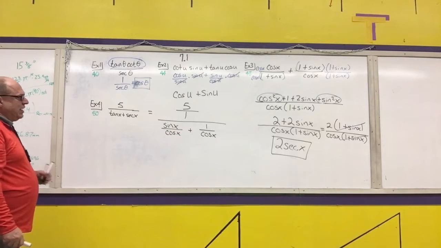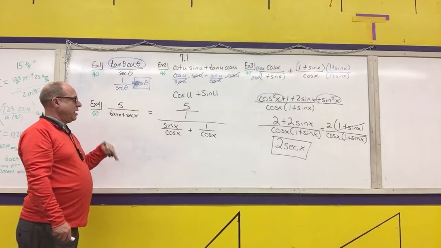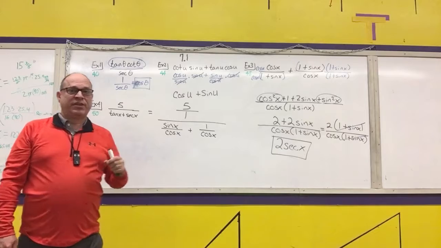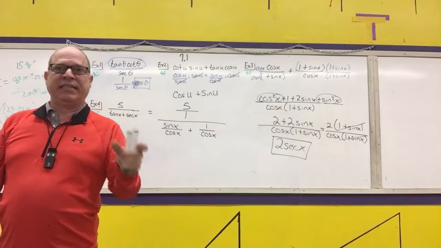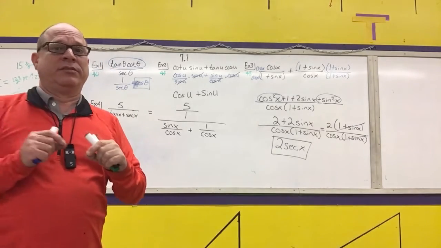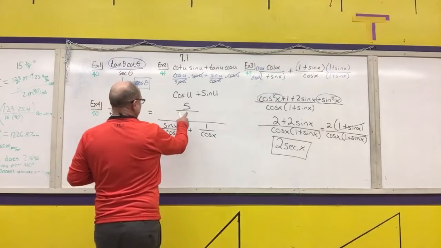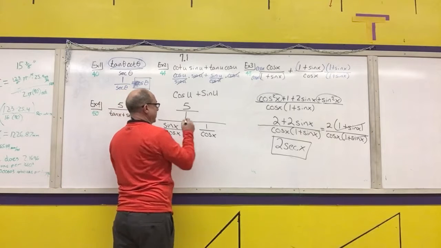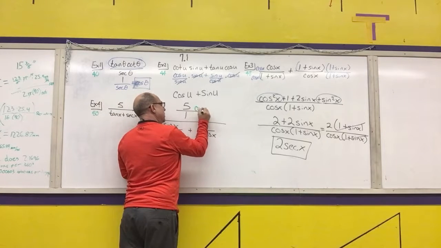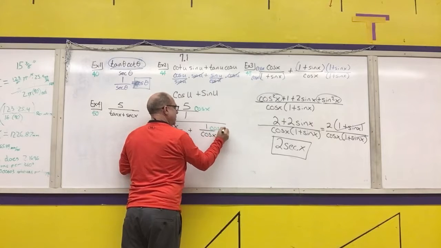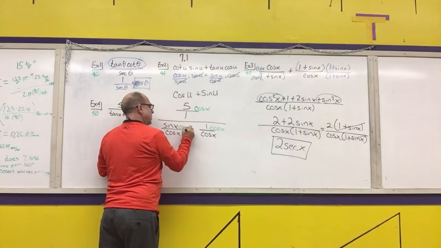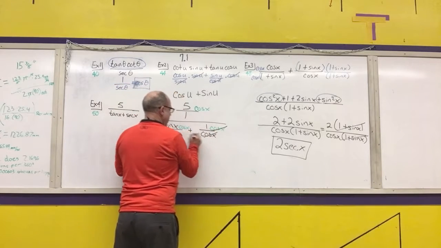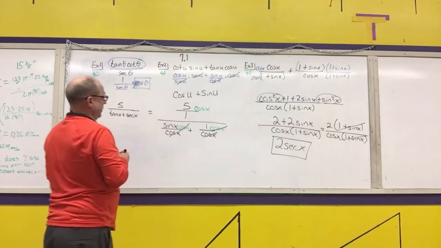Next thing I'm going to recognize is that I have my complex fraction. In order to get rid of a complex fraction, you multiply every little fraction by the LCD of the little fractions. Well, the LCD of 1, cosine x, and cosine x is cosine x. So I'm going to multiply every little fraction by cosine x. And you should notice now that all of my little fractions are gone.